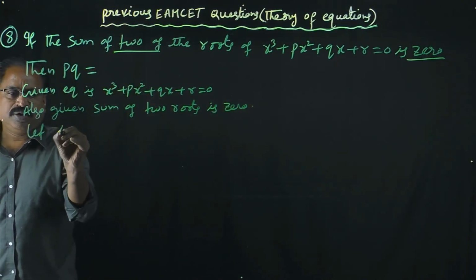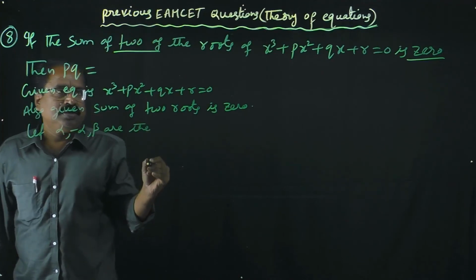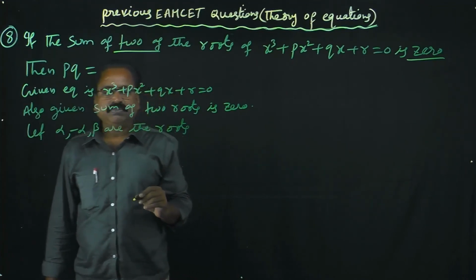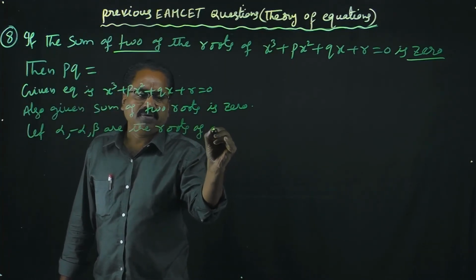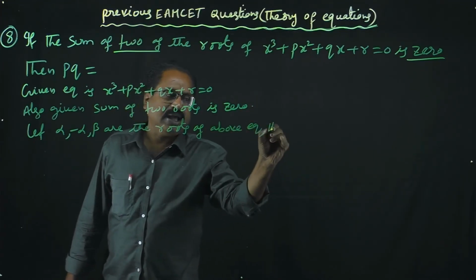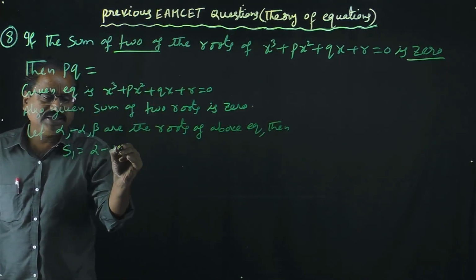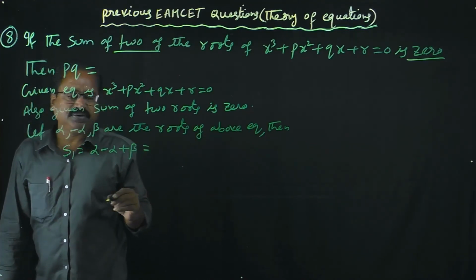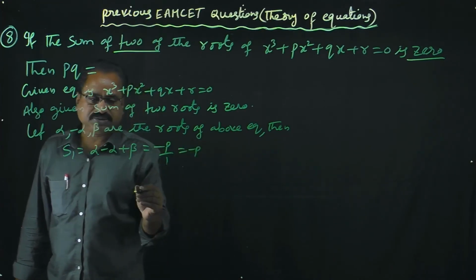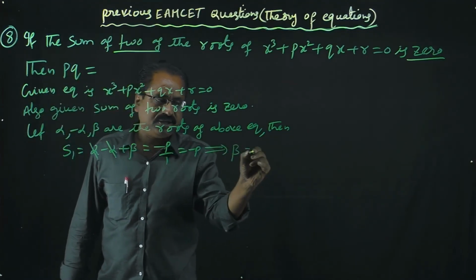Let alpha, minus alpha, beta be the roots of the above equation. Then S1 is alpha minus alpha plus beta, which is equal to minus a1 by a0, that is minus p by 1, equal to minus p. Here minus alpha plus alpha gets cancelled. Beta is equal to minus p.